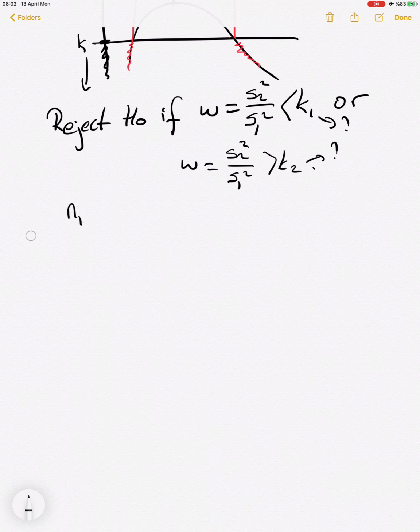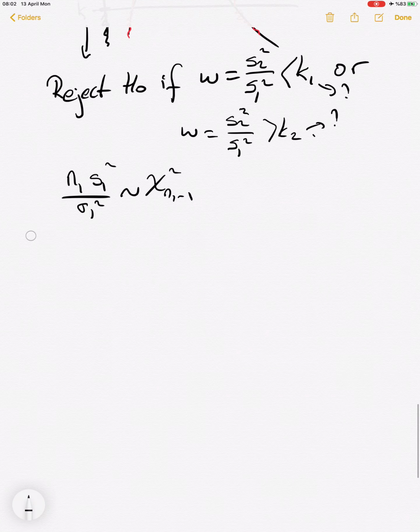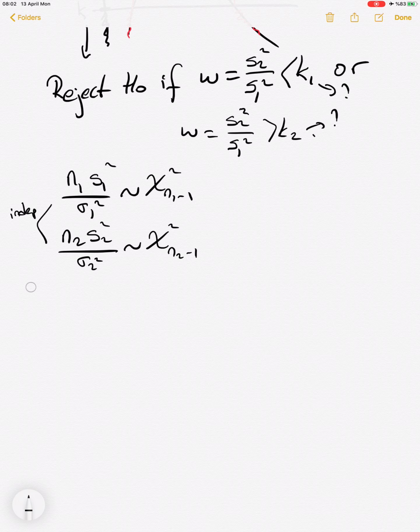So we have n1 S1 square over sigma 1 square, which is distributed as chi square with n1 minus 1 degrees of freedom, and for the Y term we have chi square with n2 minus 1, and since x and y are independent, their functions are also independent, remember.